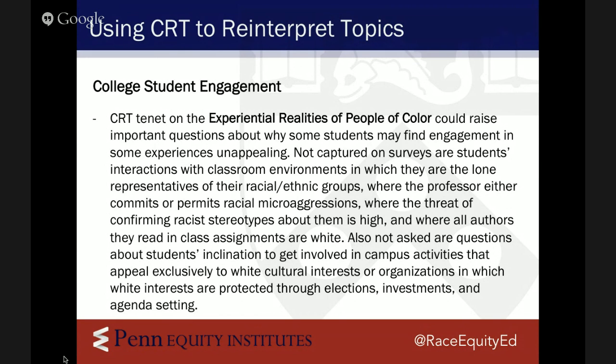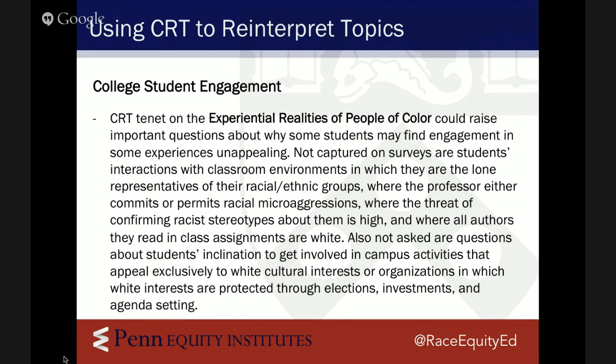Nor do we ask questions about whether the professor commits or permits racial microaggressions, or where the threat of confirming racial stereotypes is high, and classroom environments where all of the authors that they read in their classroom assignments are white. Those kinds of questions could very easily help explain why some students are quantitatively and qualitatively much more engaged than others.